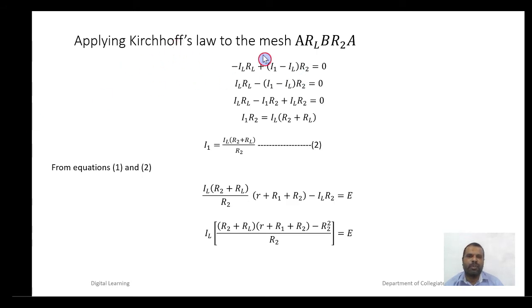Applying Kirchhoff's law to the mesh A RL B R2 A: minus IL RL plus (I1 minus IL) R2 is equal to 0, or IL RL minus (I1 minus IL) R2 is equal to 0, or IL RL minus I1 R2 plus IL R2 is equal to 0, or I1 R2 is equal to IL (R2 + RL), or I1 is equal to IL (R2 + RL) divided by R2. Call this equation number 2.